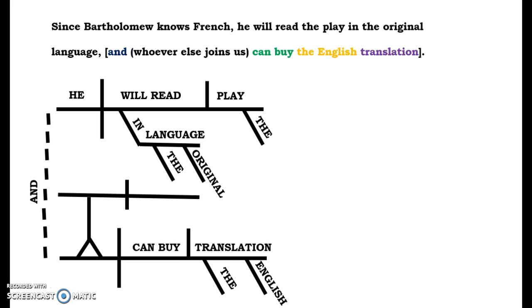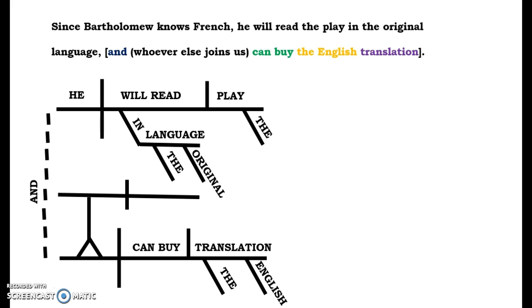It's going to be below this other structure here, connected by a dotted line with and. And the verb can buy goes in the verb slot. We see the translation is the direct object, so that takes the direct object slot. The and English are both modifiers modifying translation. They go on descending diagonal lines.